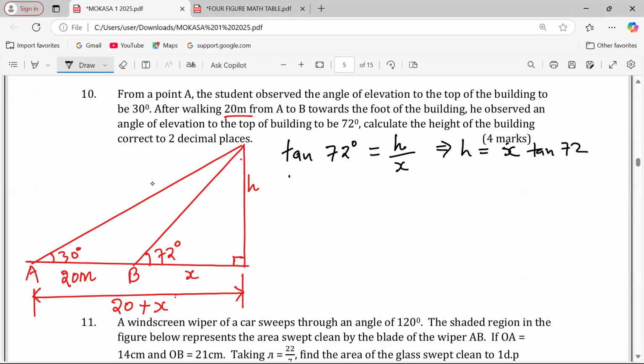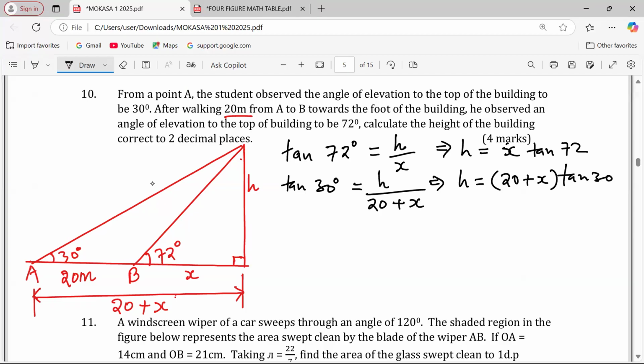Again, you can see that the tan of 30 will be given by opposite, sorry, divided by adjacent length, 20 plus X. And from this, again, H can be expressed as 20 plus X times the tan of 30. Now that we have two expressions giving us H, we can say X tan 72 is the same as 20 plus X, the tan of 30.